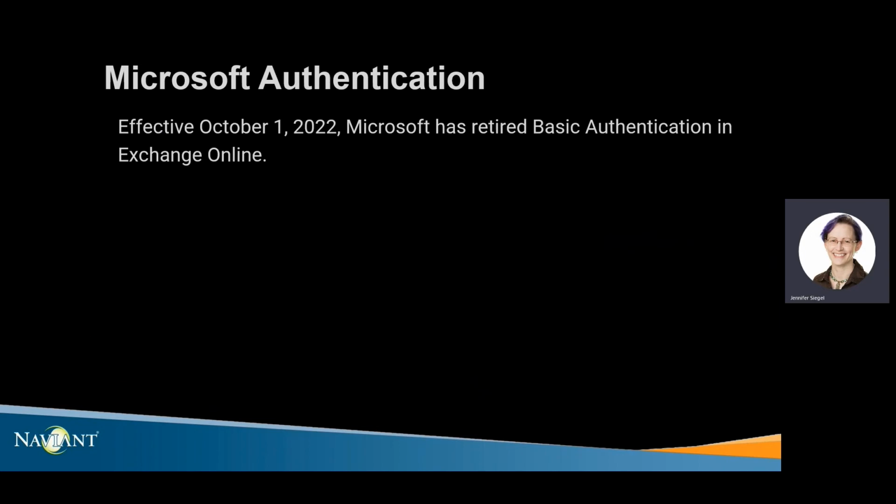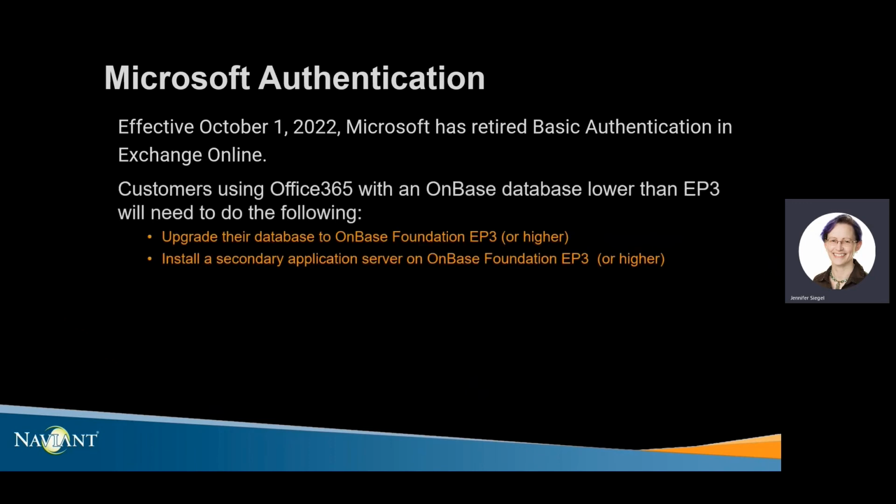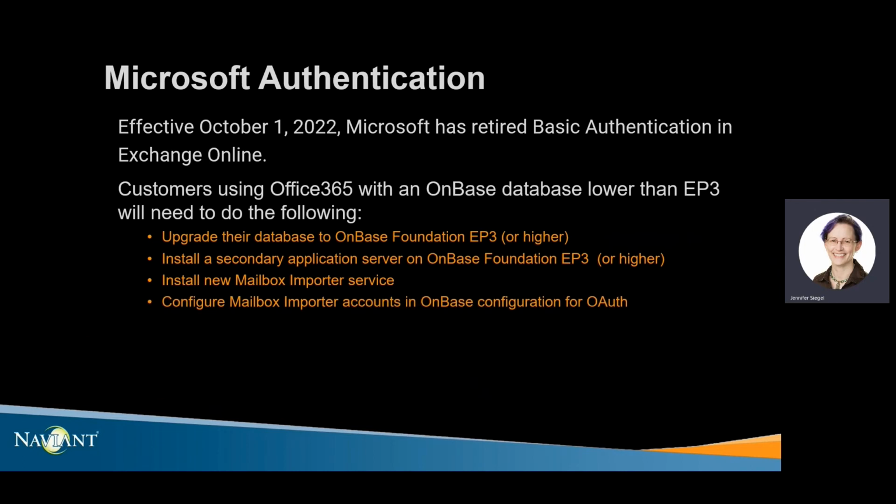Effective October 1st of this year, Microsoft retired basic authentication in Exchange Online. If you use the Mailbox Importer module, this probably impacted you. Customers using Office 365 with an OnBase database lower than EP3 will need to upgrade to at least EP3 and configure the new Mailbox Importer settings to use OAuth.